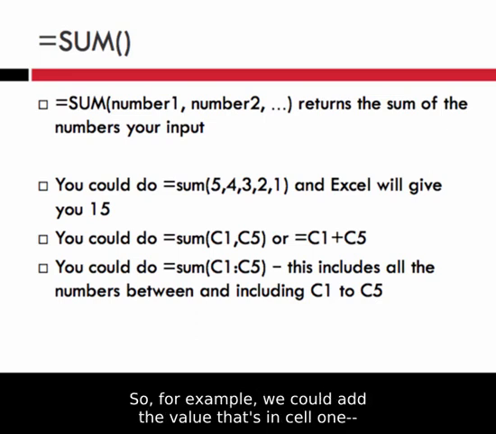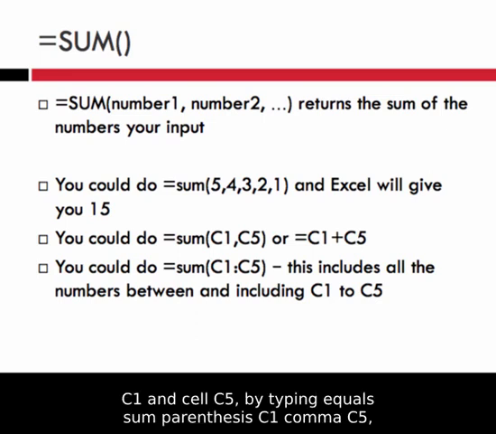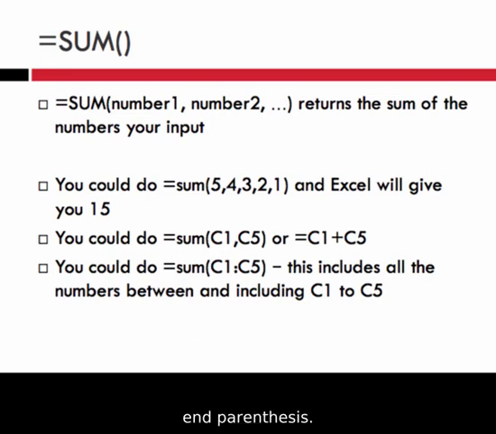So for example, we could add the value that's in cell C1 and cell C5 by typing in equals sum parenthesis C1, C5, end parenthesis. This is the same as writing equals C1 plus C5. It just adds the two values that are in cell C1 and cell C5 for us.